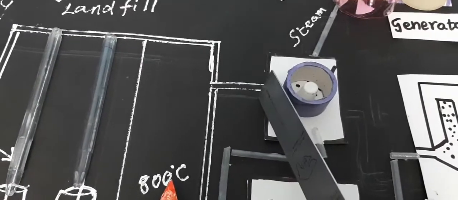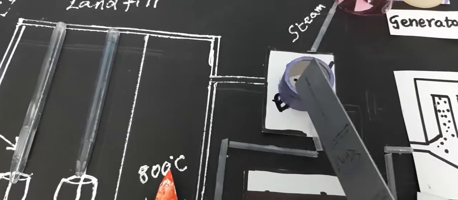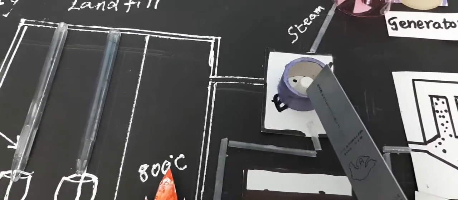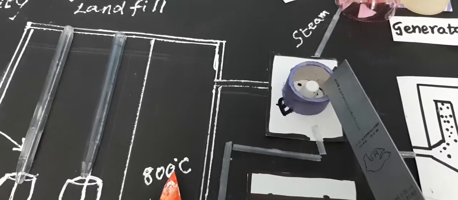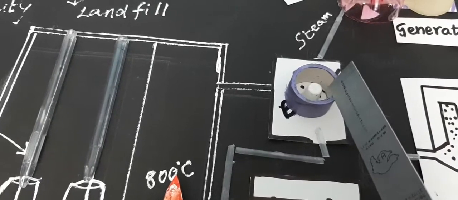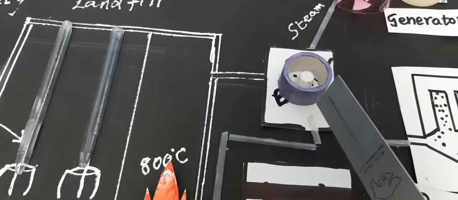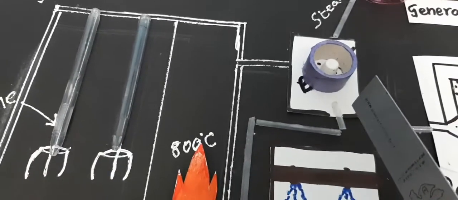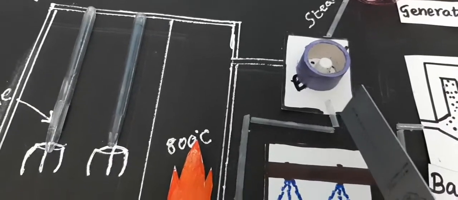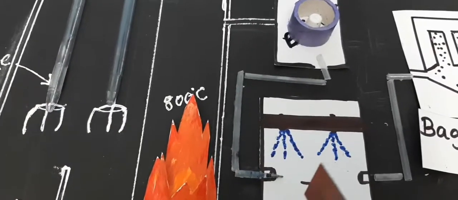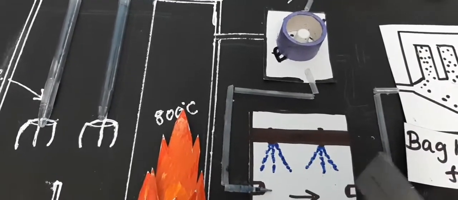The heat energy of the gases is transferred to the water present in the boiler so that the water is converted to steam. After passing the heat energy to the water, the gases are cool enough. They are not that hot. So the gases are passed on to the other stages for the removal of pollutants present in them.